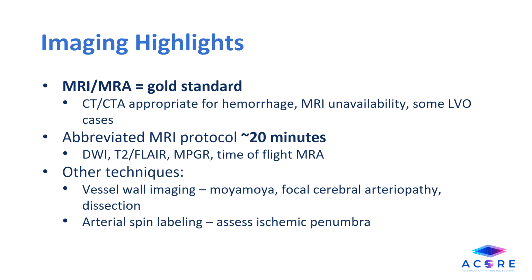Other imaging sequences and techniques discussed in this section include vessel wall imaging and arterial spin labeling. Vessel wall imaging, just like the name says, helps to delineate specific processes regarding the actual vessel walls, and arterial spin labeling is a promising sequence for assessing the ischemic penumbra.